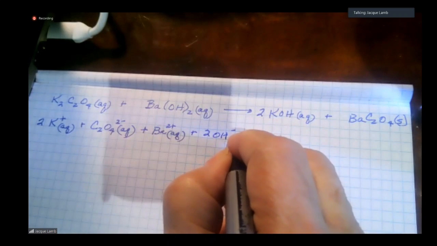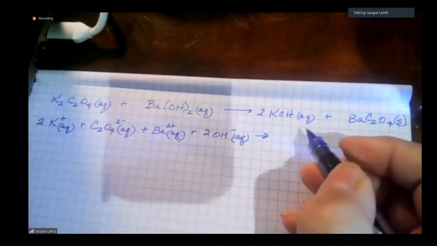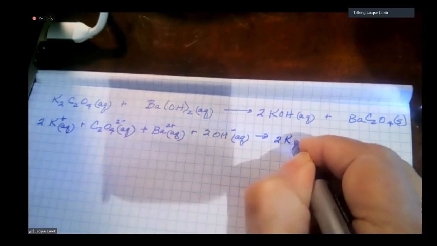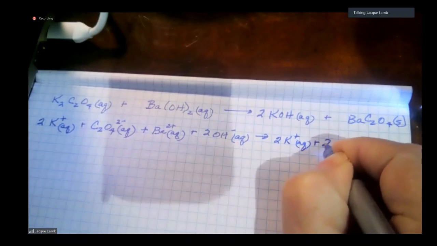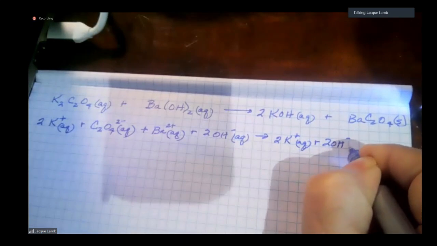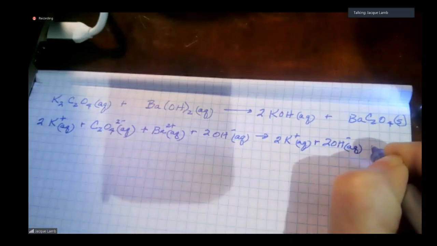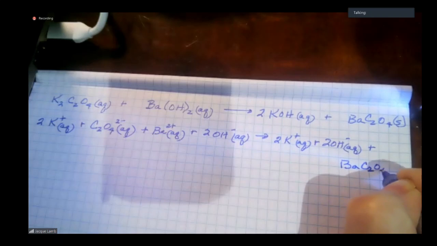I have 2 hydroxide ions that are aqueous. And on the product side, I have 2 potassium ions aqueous plus 2 hydroxide ions aqueous plus barium oxalate solid.